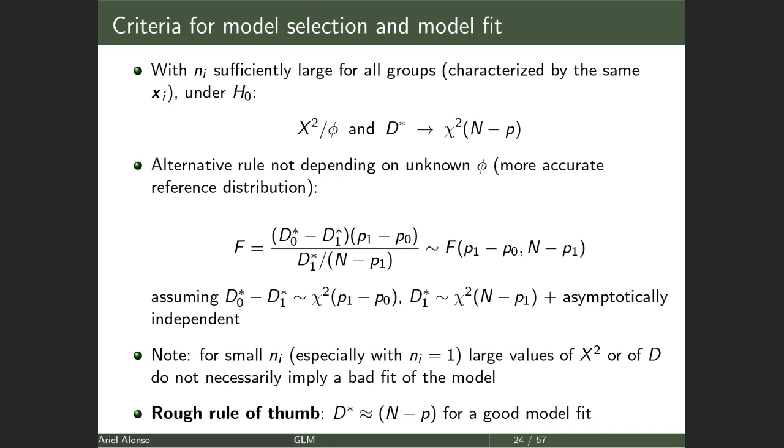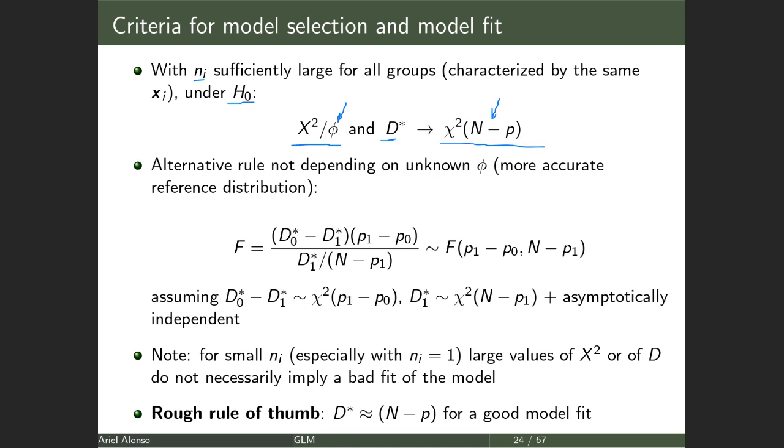And then, if you have grouped data, as always, if Ni is large enough and the number of parameters does not increase with the sample size, then again, if the model is correctly specified, the scale chi-square, when you divide chi-square by the dispersion parameter, if you do have a dispersion parameter in your model, some cases you don't have it, and the scale deviance follow a chi-square with n minus p degrees of freedom.